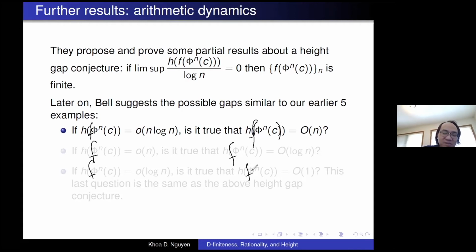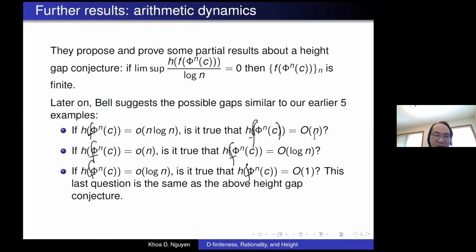So if the height of this is dominated by n log n, is it true that it has to drop down to being bounded by a linear function in n? If it is dominated by n, is it true that it's bounded by something in log n? And if it is dominated by log n, is it true that it's bounded by a constant? This is the same as the above height gap conjecture. So he also has this kind of question.